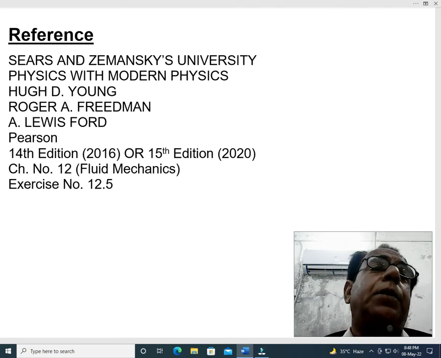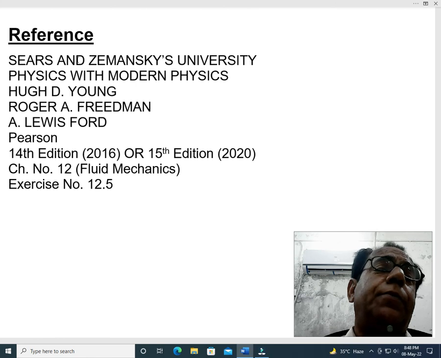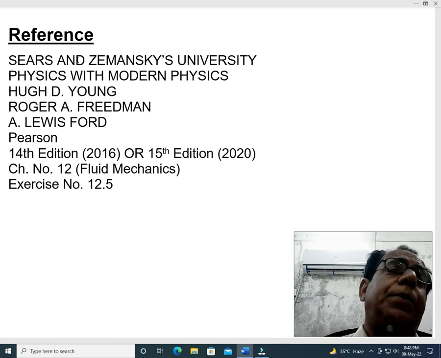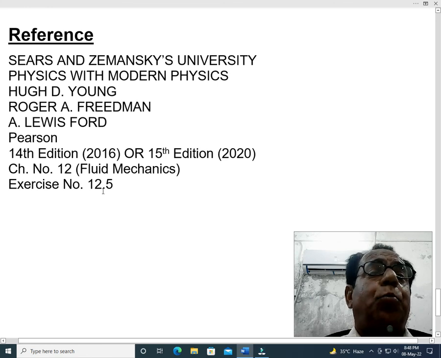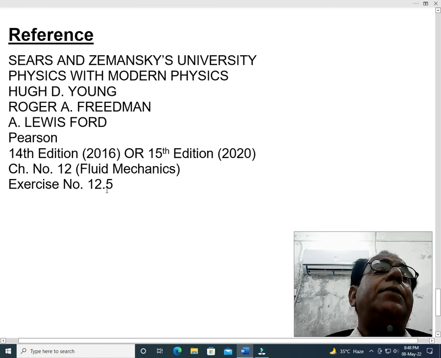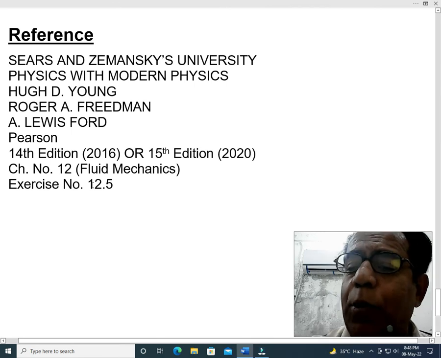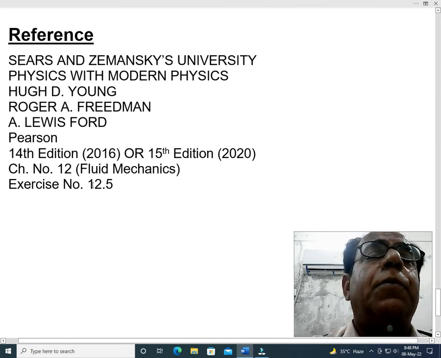Here chapter number 12 under the title Fluid Mechanics is our concerned chapter, and this problem is enumerated at serial number 5 of the exercises given at the end of this chapter, that is exercise number 12.5. That is the fifth problem of the 12th chapter, and this is the end of our module, our problem.